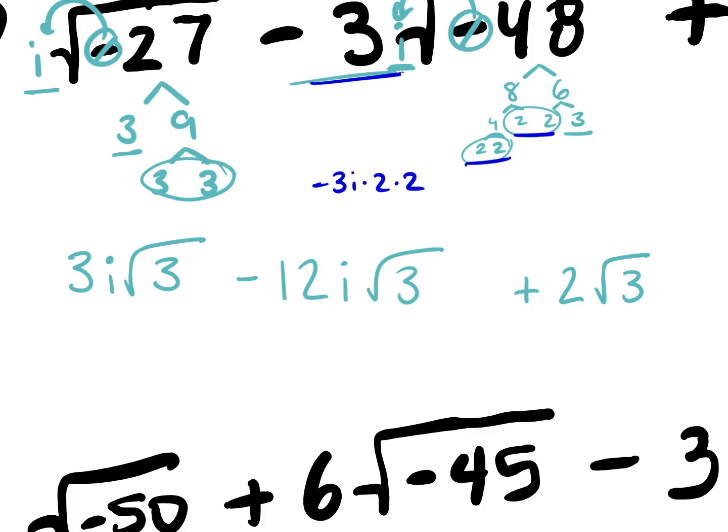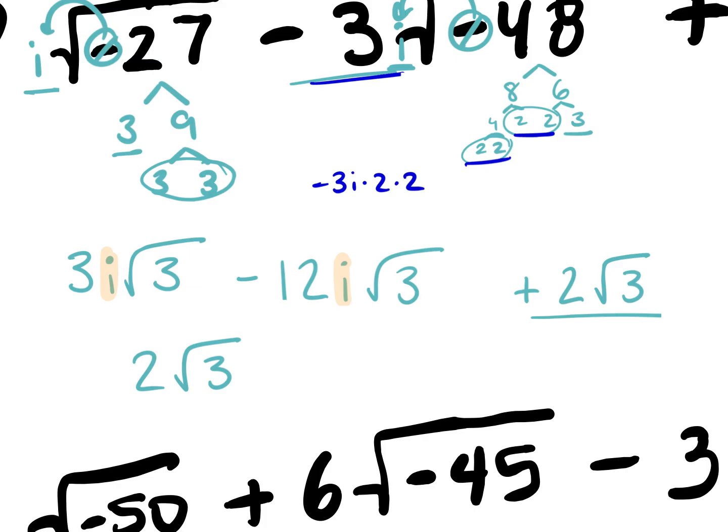Now, all 3 of these have the same square root, so you could add them together, but 2 of them have i's. So remember, you can only add a real number with a real number, an imaginary number with an imaginary number. So I can only add my imaginary numbers together. So 2 square root 3 can't get combined with those. So I'm going to put that one first since it's a real number.